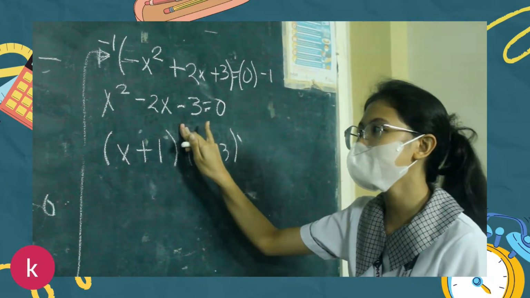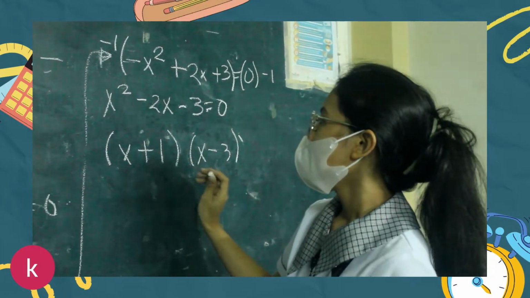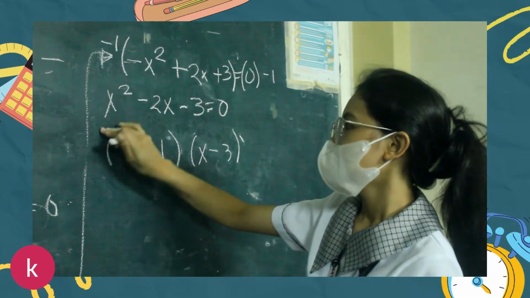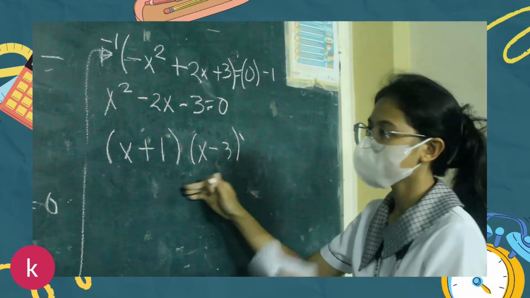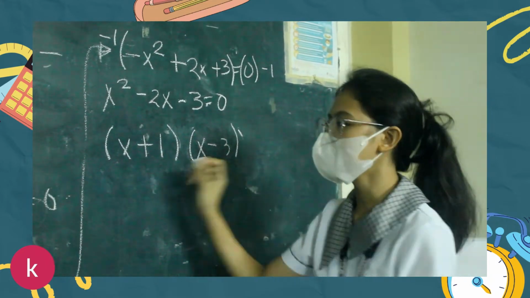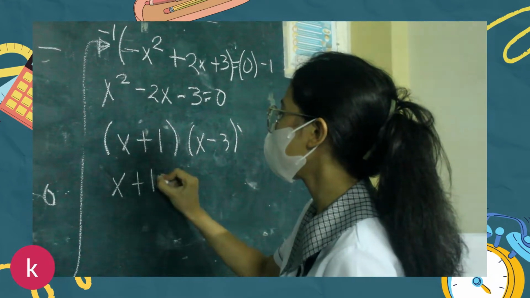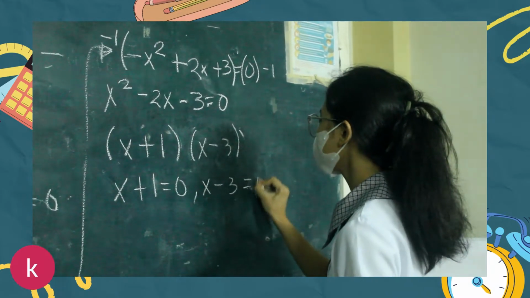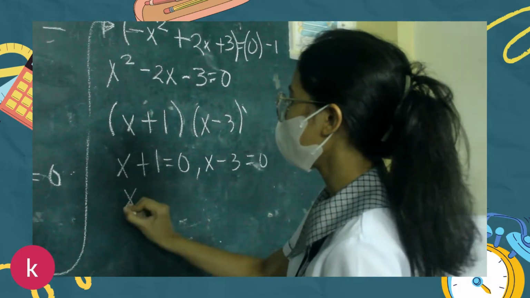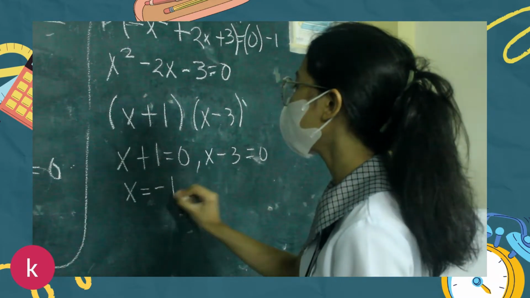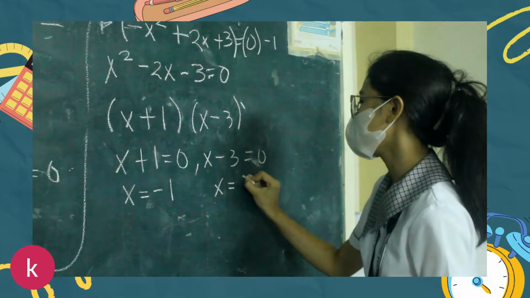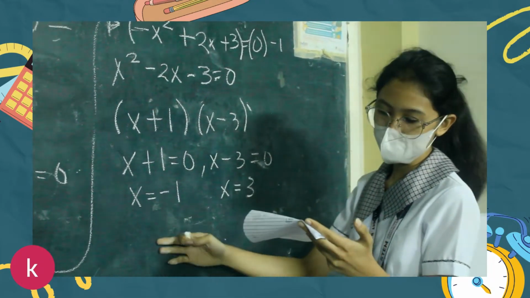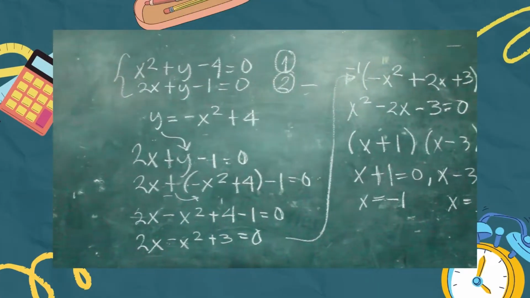And we can also check this using the FOIL method. Then we get the equation x squared minus 2x minus 3 is equal to 0. So we equate these factors to 0 for us to get the values of x. Then we'll have x is equal to negative 1 and x is equal to positive 3. And these are the values that we need for this equation.